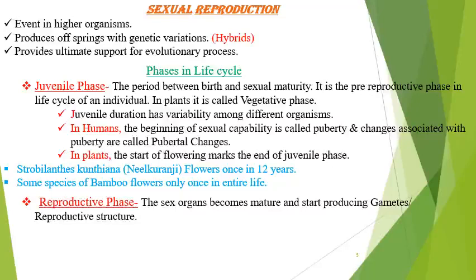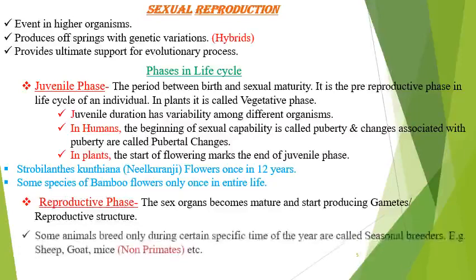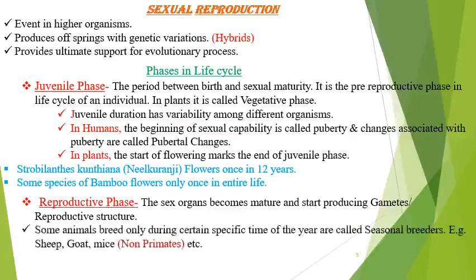The sex organs become mature and start producing gametes, or the reproductive structures. Out of the two categories of organisms, there are some animals that breed only during certain specific times of the year and are called seasonal breeders, like sheep, goat, mice.